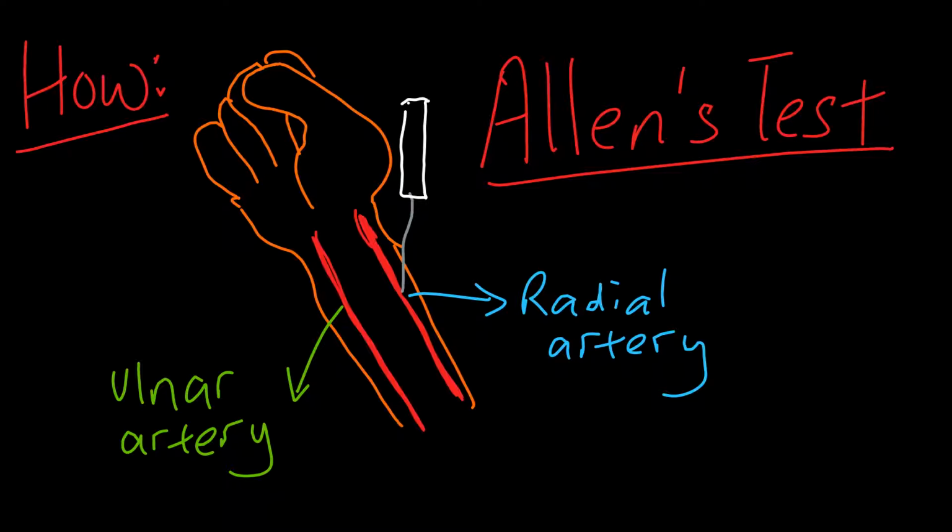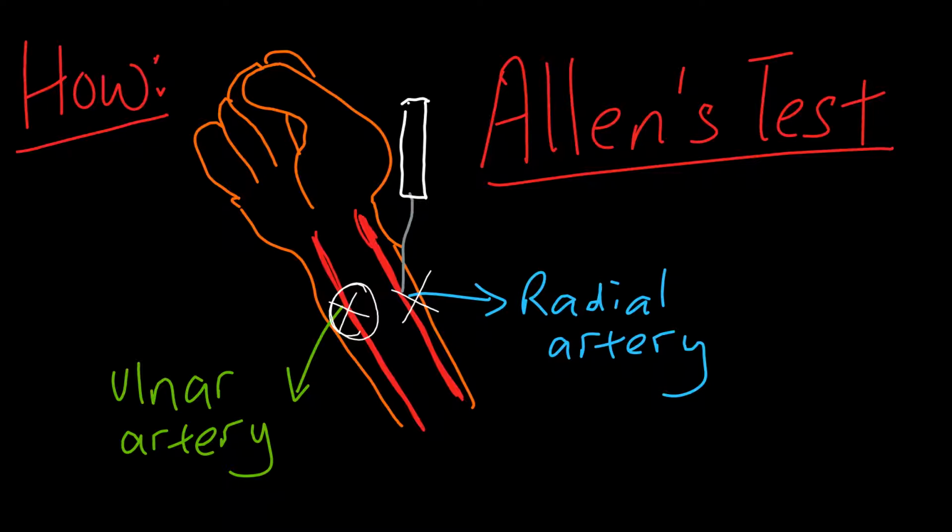Typically, to do the Allen's test, we have the patient clench the fist, and then we apply pressure on the radial artery right here. We also apply pressure on the ulnar artery. After that, we have the patient unclench the fist, and then we remove pressure from the ulnar artery. And we should see blood flow to the hand.